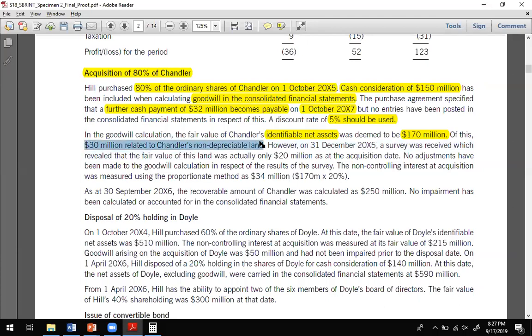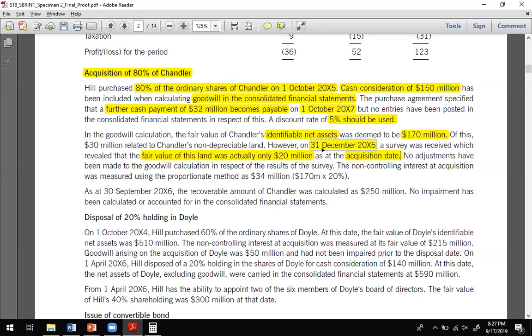However, on 31st December 20x5, a survey was received which revealed that the fair value of the land was actually only $20 million at the date of acquisition. The value that the question is telling is the value at acquisition, but we actually received that value late. How much late? 3 months late.